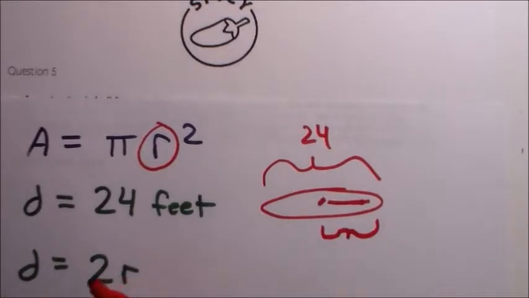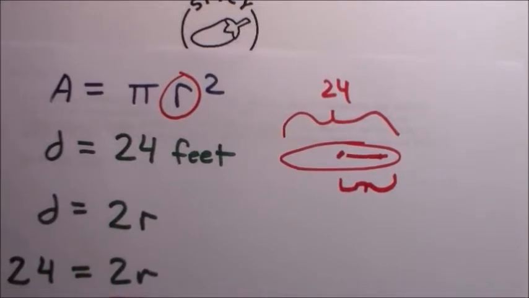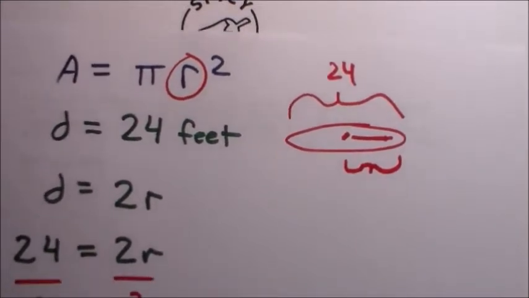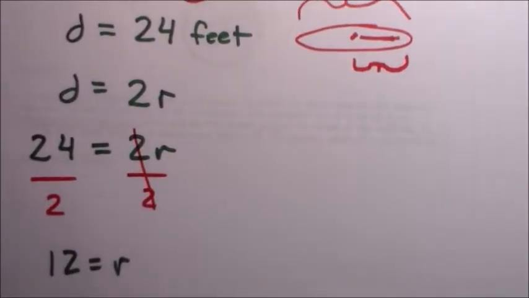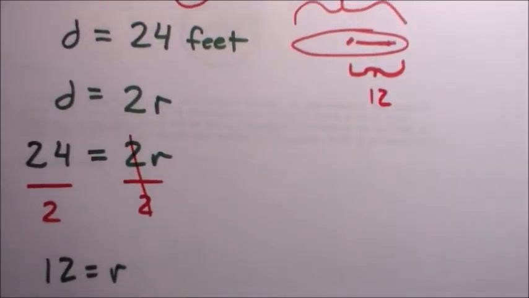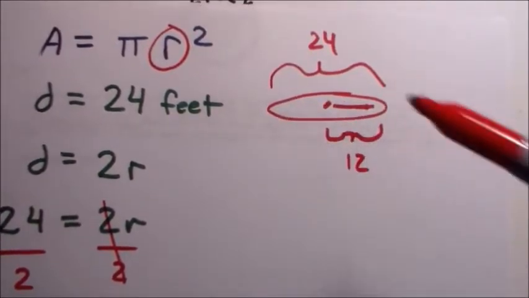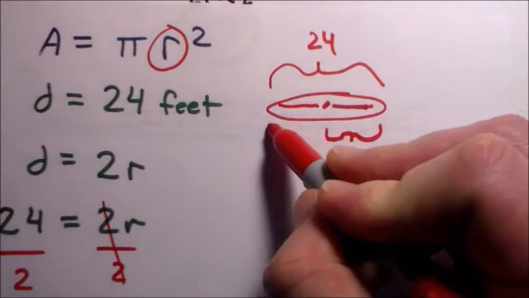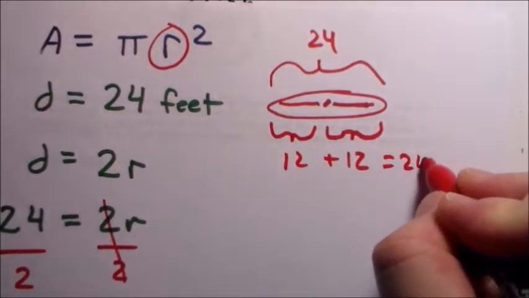Well, the diameter is 2 times the radius. So if the diameter is 24, 2 times the radius, how do we find the radius? Divide each side by 2. That cancels out. We get a radius of 12. And if we just take a step back, that's pretty simple. If the diameter is 24, each radius is going to be 12, because 12 plus 12 equals 24.